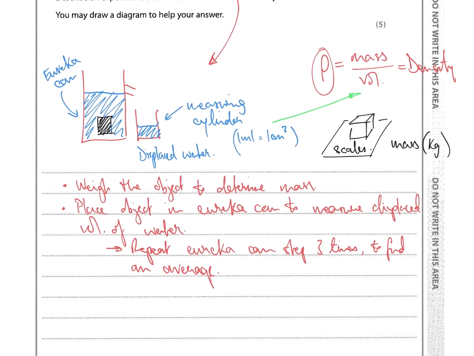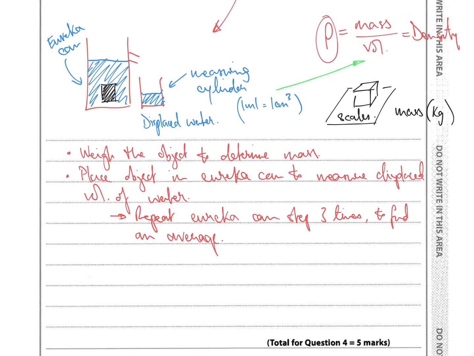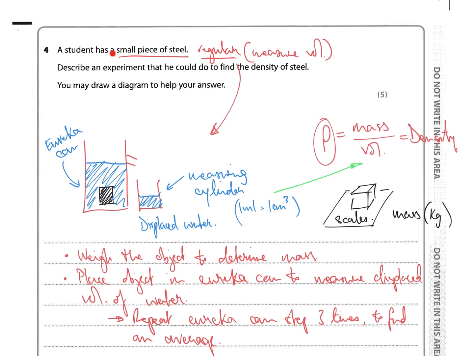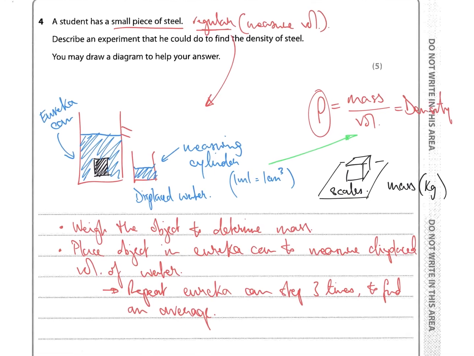In other words, it's unlikely that you're going to get the exact result three times. You're trying to make it more accurate, because also bearing in mind this is a small piece of steel, so it's not going to displace large amounts of water. Small bit of steel. What else do we do in order to try and make it more accurate?